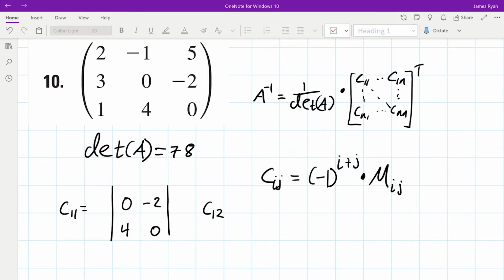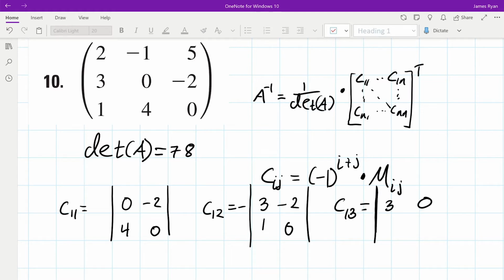C12 is -1 to the power 1 plus 2, which is -1, so negative the minor determinant 3, -2, 1, 0. And C13 is -1 to the power 1 plus 3, which is +1, so 1 times the minor determinant 3, 0, 1, 4.